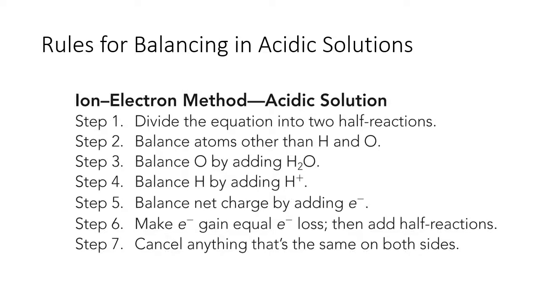Then we'll balance our hydrogens by adding hydrogen ions, or protons. Next, we'll balance our charge, just like we did originally, by adding electrons to one side of our half reaction. Then we'll make our electrons gained equal our electrons lost, and add those 2 half reactions together. Finally, we can cancel anything that's the same on both sides.